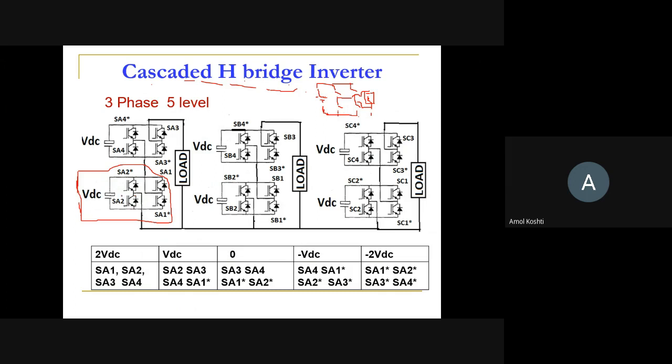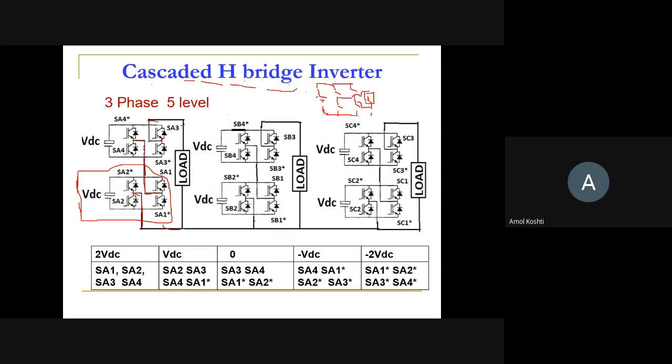It can also be called a module. This cascaded H-bridge has many cells connected in series. Like you see here, two cells are connected in series, and the output is taken here.